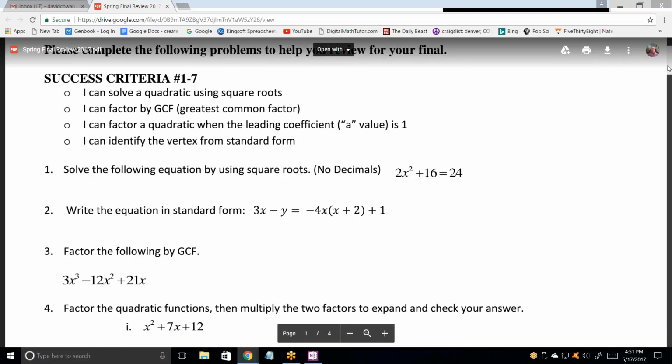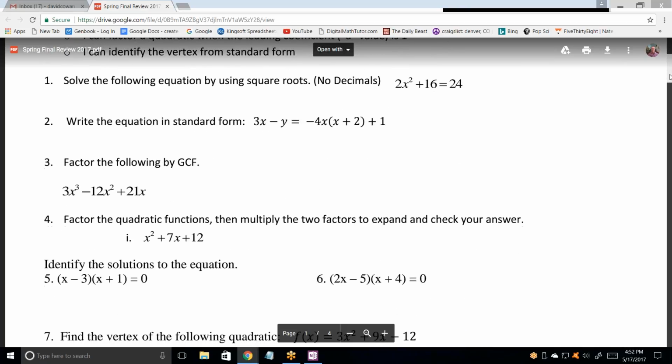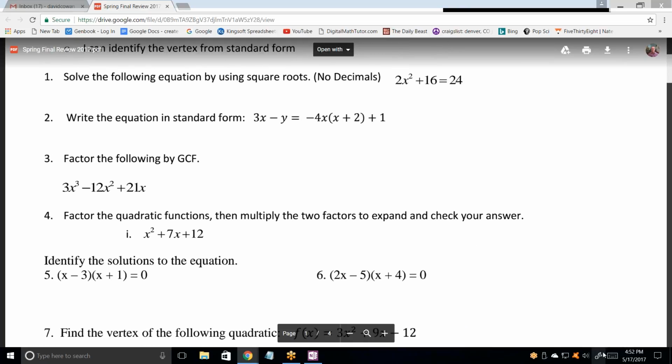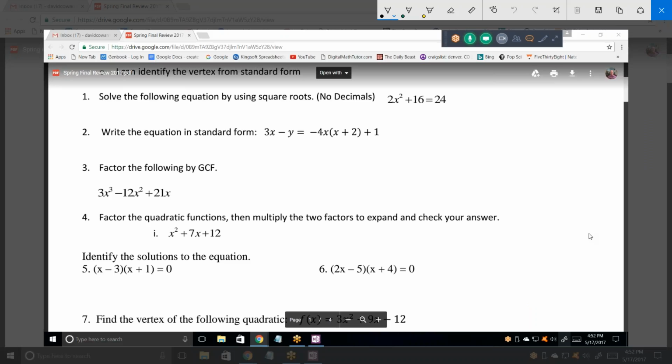Hold on. Number 1, solve that by using square roots. Alright. I can do that. Just give it to me line by line. What's your second line?